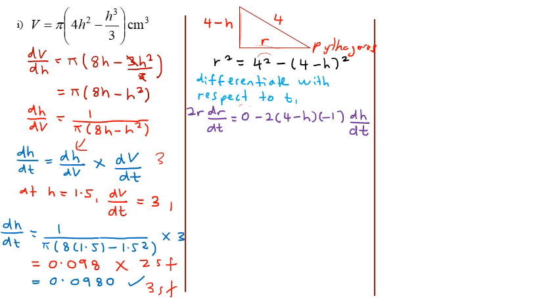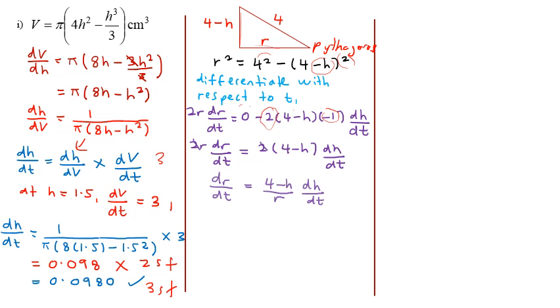And this one is a power rule, so differentiate 2, you have to put 2 at the front, the power of 1, and then you also have to differentiate inside, h, so we get negative 1 over here, then we put dh/dt at the back. Okay, after we simplify, we eliminate 0 and simplify the negative. Notice that we have 2 on both sides, so we can cancel out 2. Then we get dr/dt equals (4 minus h) over r times dh/dt.